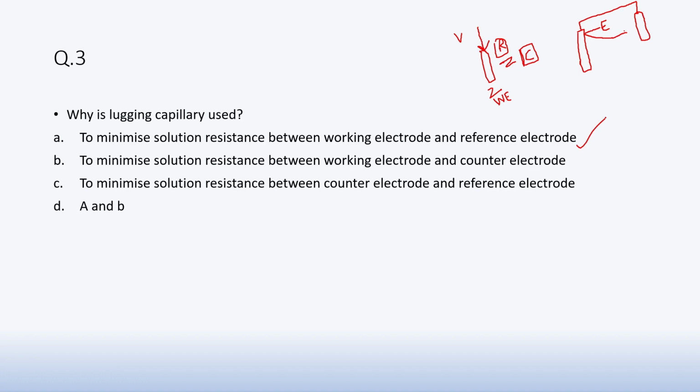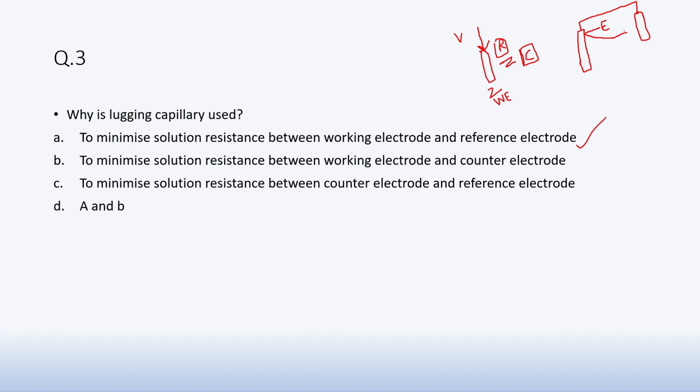Okay, I hope the concept is clear. The function of the working and reference electrodes is to measure the potential: the potential of the working electrode is measured with respect to the reference electrode. The counter electrode's function is to take away whatever current is passing through the working electrode.